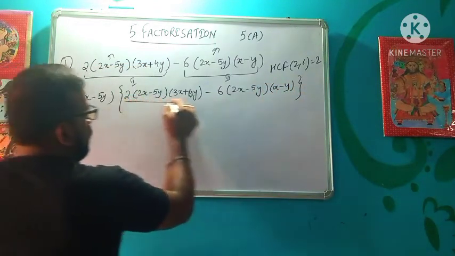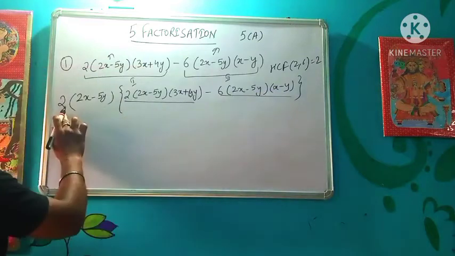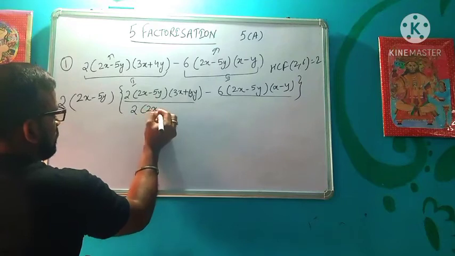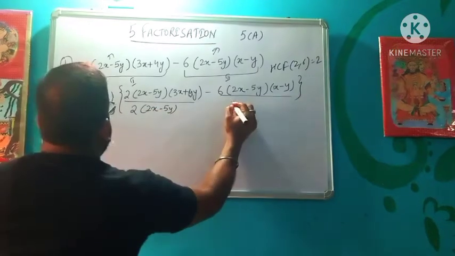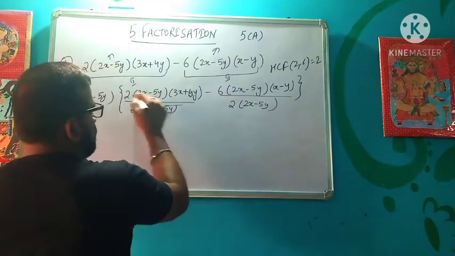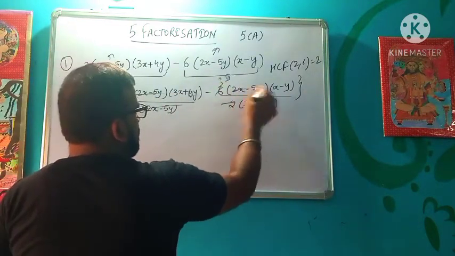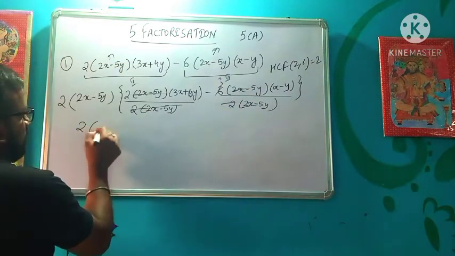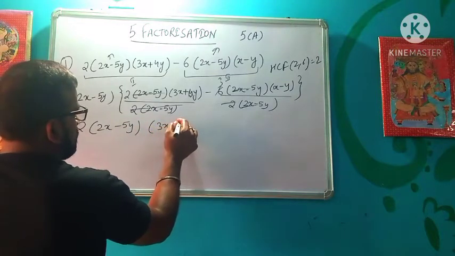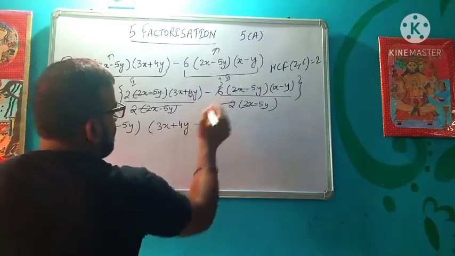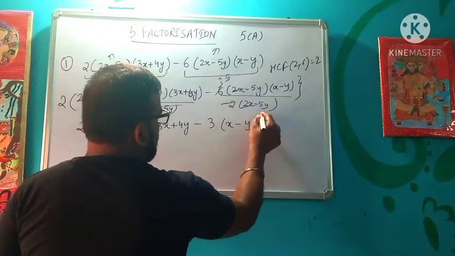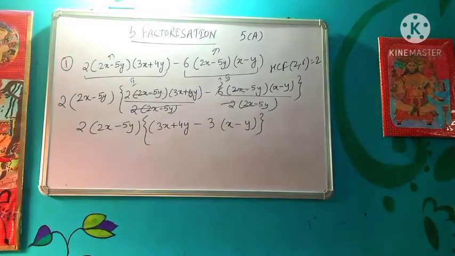We are going to divide. This will be the HCF of these two terms, so we will divide it like this. When you solve it, it is 3 and this cancels out. So we have this answer: 2(2x - 5y)[(3x + 4y) - 3(x - y)].